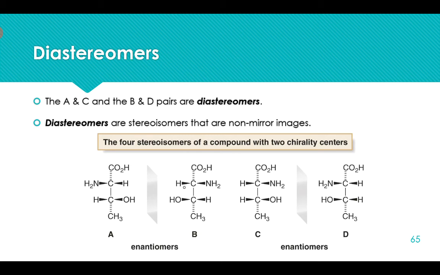A and B are enantiomers, C and D are enantiomers, but for instance, B and C are diastereomers, B and D are diastereomers, and so on. C and A are also diastereomers. They are not mirror images, but they are also not superimposable. This is what can happen when you have multiple chiral centers.